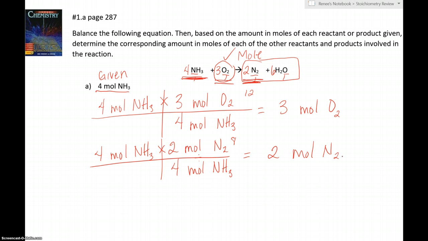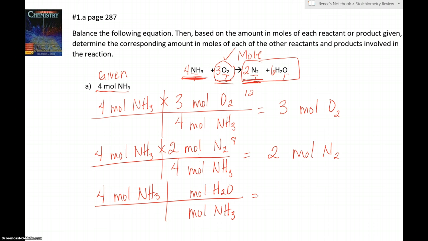All right, let's move on. Last one. Again, always start with what's given in the top left-hand corner. Cancel our moles of ammonia, so we need to put that down here at the bottom. And then this time we'll find moles of water.